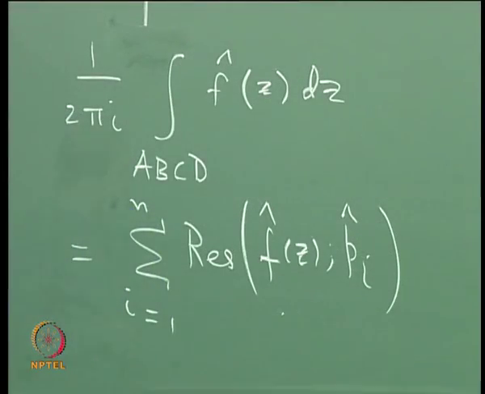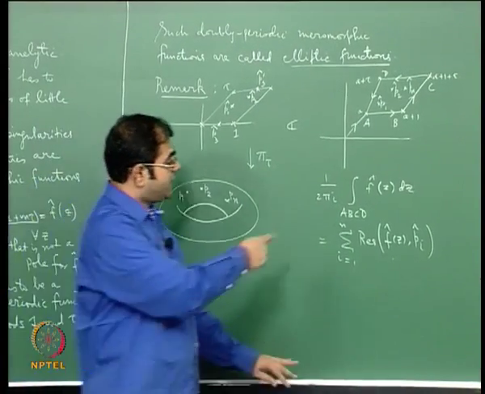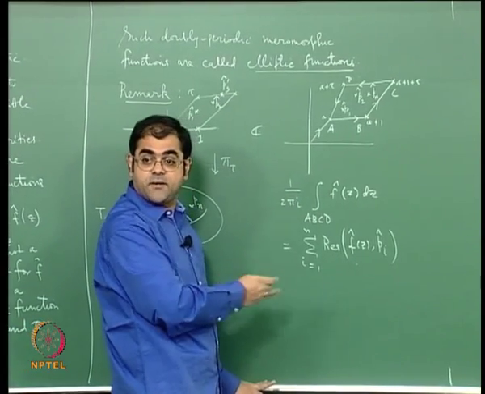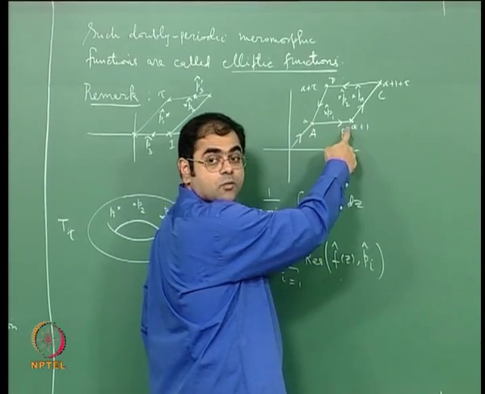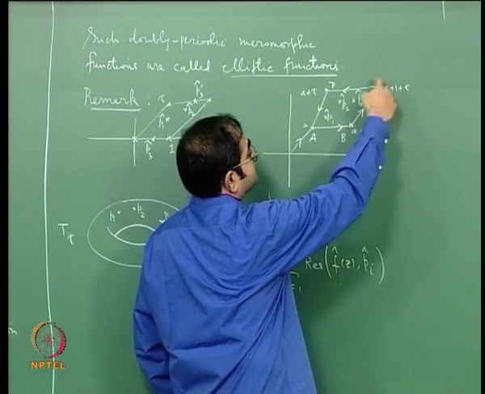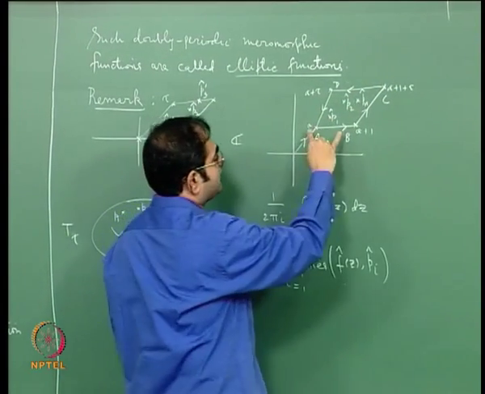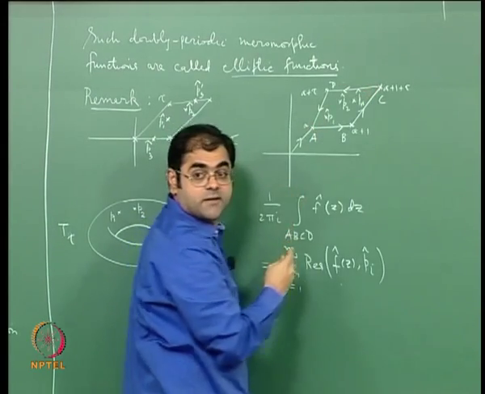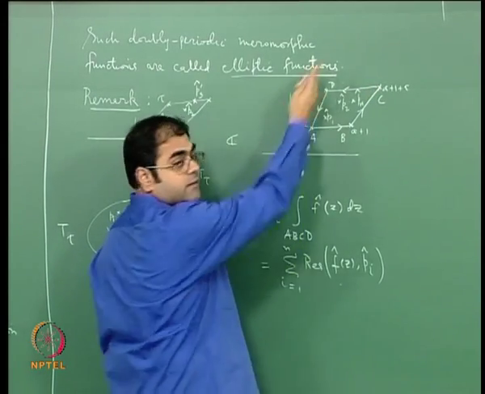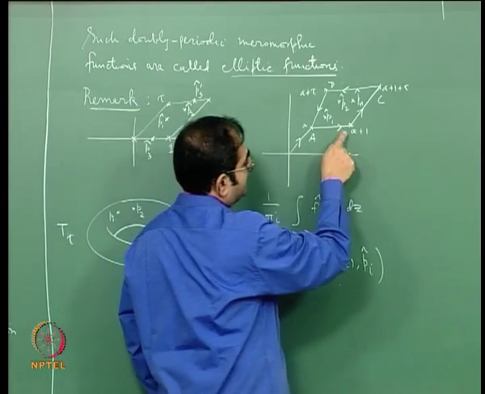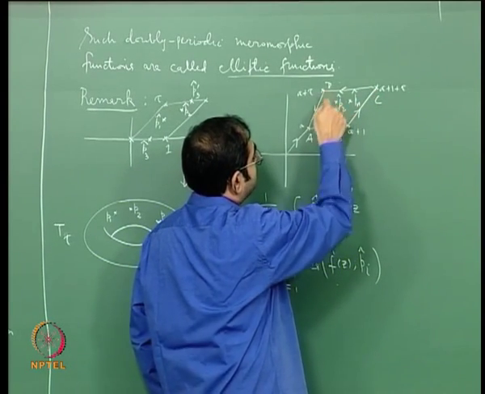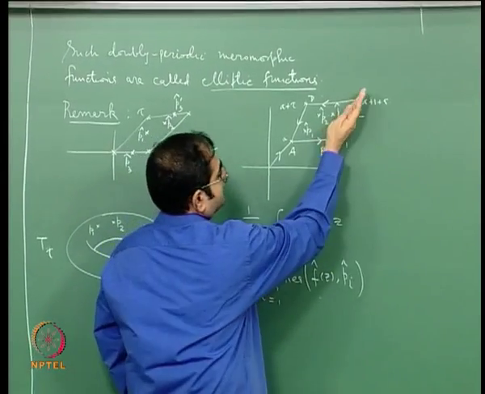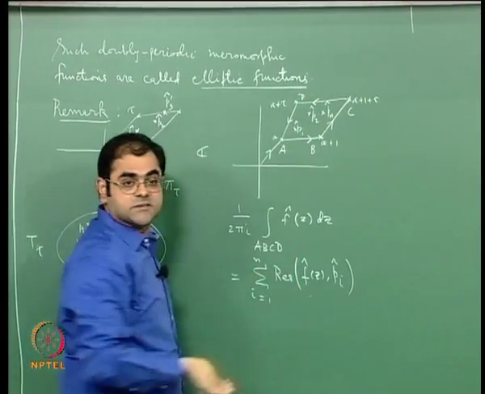But you see, the point is that f hat is doubly periodic, therefore the integral of f hat from a to b will cancel with the integral of f hat from c to d, because after all the f values here are the same as the f values here, because tau is a period. And the integral of f from b to c will cancel with the integral of f from d to a, that is because 1 is also a period for the function.